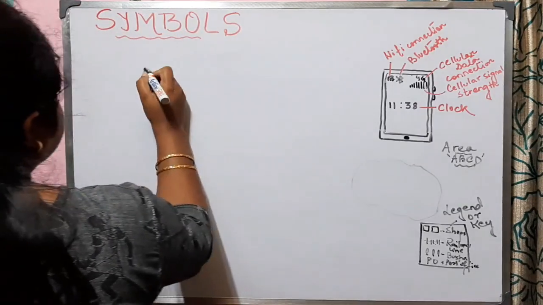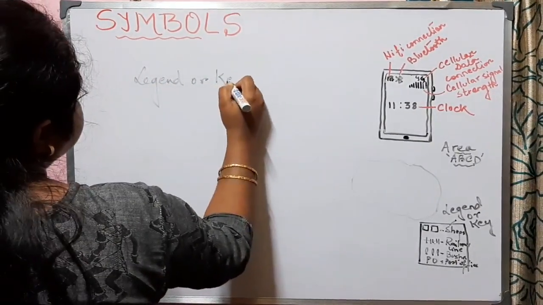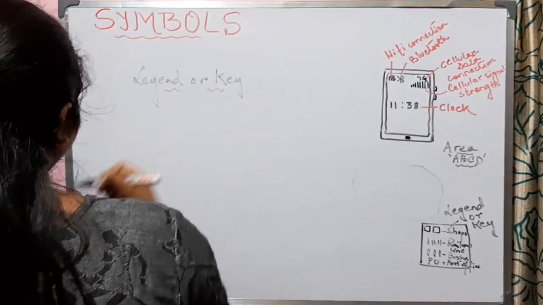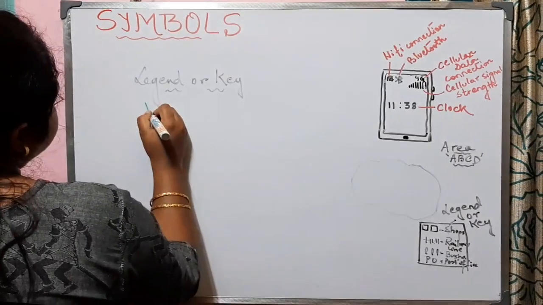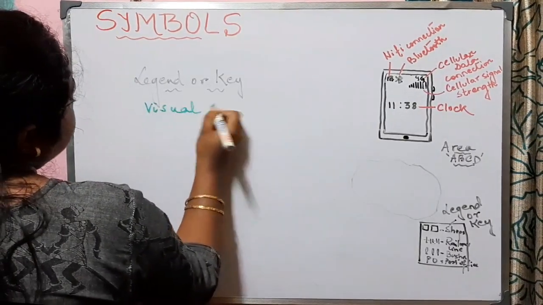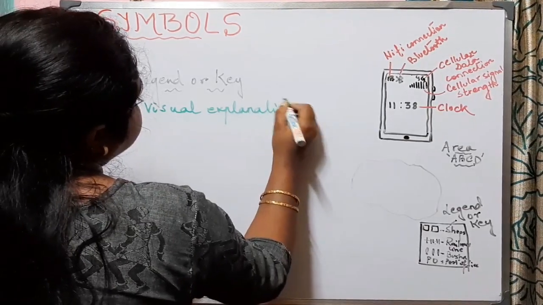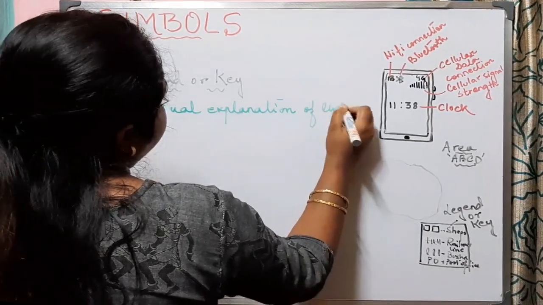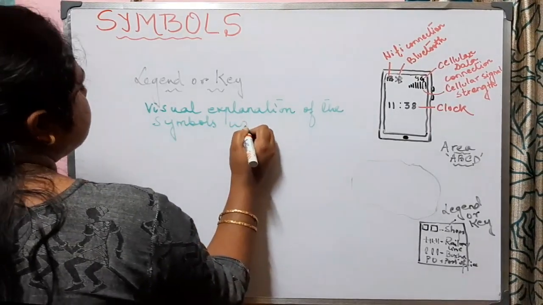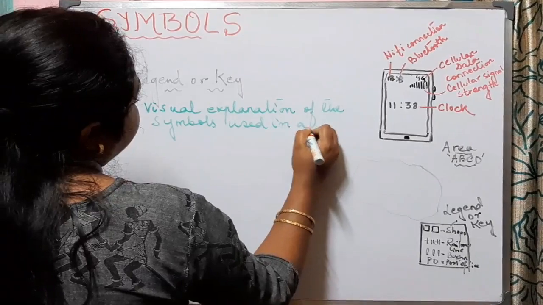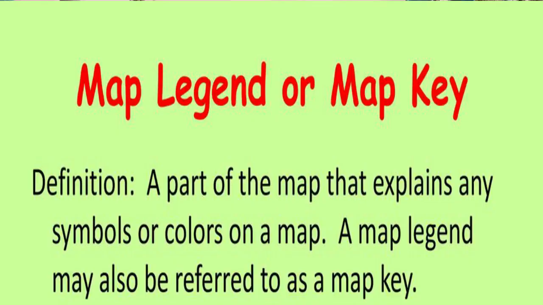So what is a legend or key? What do we mean by this? Legend or key gives us a visual explanation of the symbols used in a map. That is referred to as a legend or key.